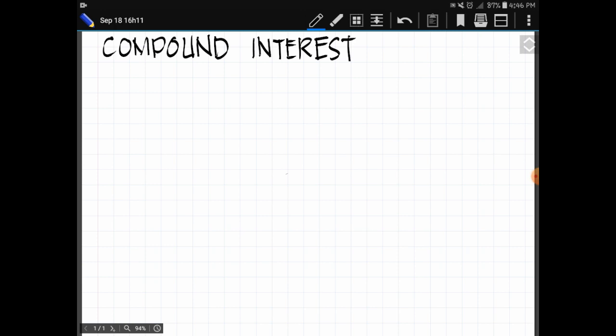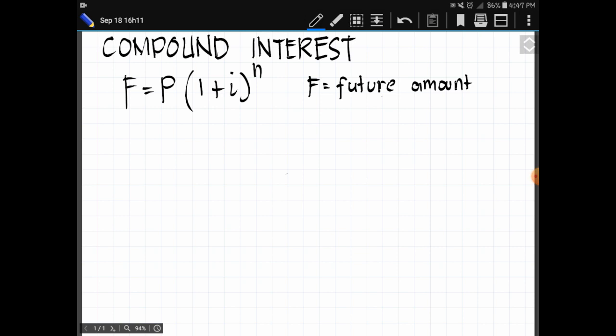For the formula, we use F equals P multiplied by the quantity 1 plus i, raised to n, where F stands for the future amount. Sometimes in other resources, this is called the maturity value.